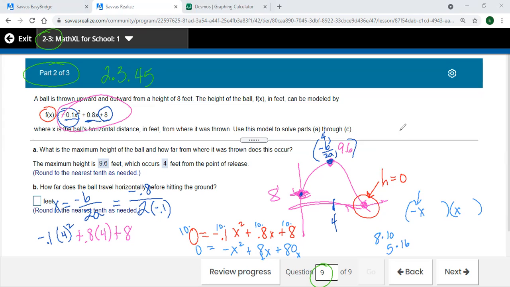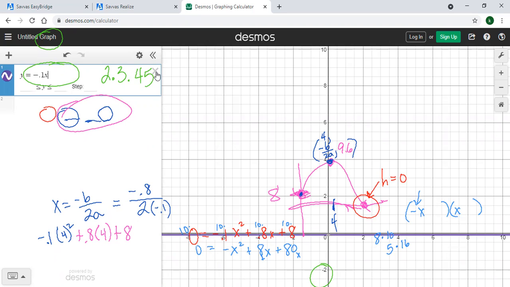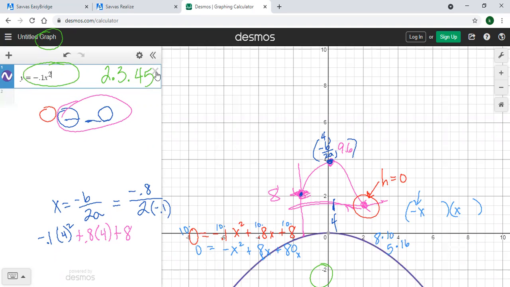So one other method we could do here is, let's put it in Desmos and see what we get on the Desmos calculator. So I'm gonna come back up to my original equation, y equals, and we're looking for that x-intercept. And it was a negative 0.1 x squared. I'm gonna go back to the original equation, which is written in red down there at the bottom right now.